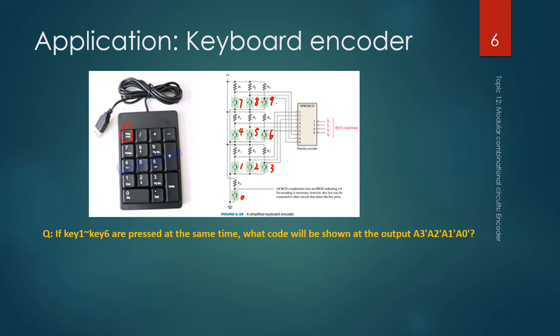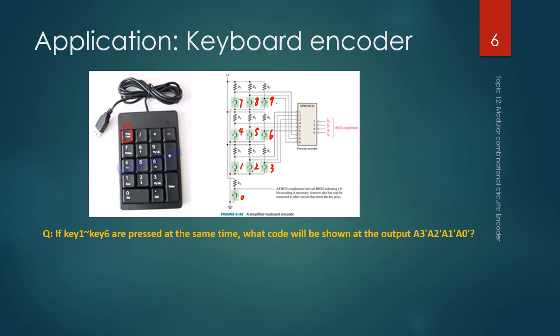You got 10 number keys, 1 dot key, enter, plus, minus, multiply, and division, right? But here let's just focus on the number keys. We have 10 numbers here, and this is showing how they are wired inside. So we have a resistive and switch network here. Basically, those switches you see are the key buttons.